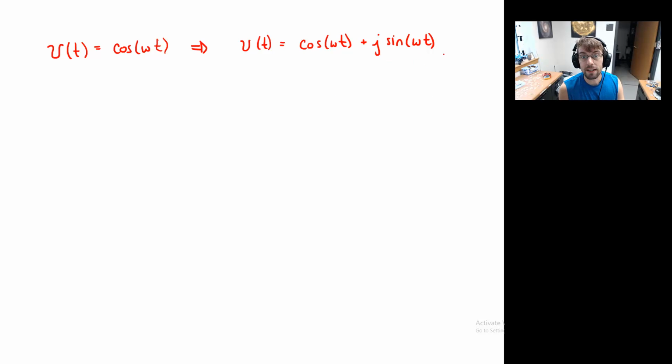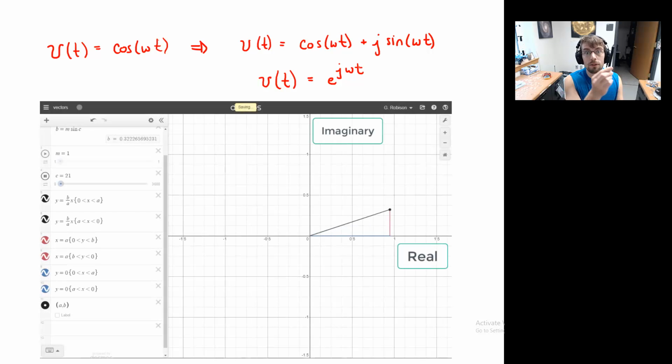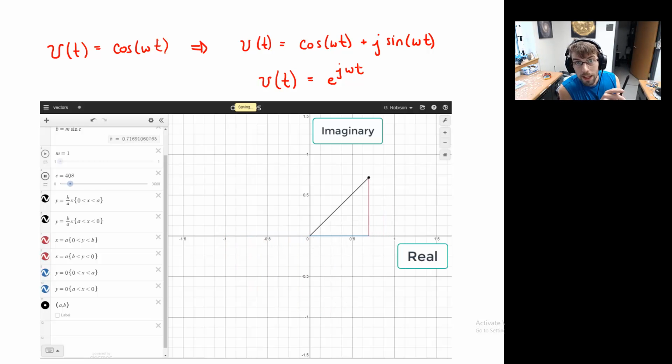So I'm adding in this imaginary piece to allow me to express v of t as e to the j omega t. Because I've added in that extra piece, you can now think of that applied voltage as being this arrow rotating in the complex plane, with the length of that arrow being 1.